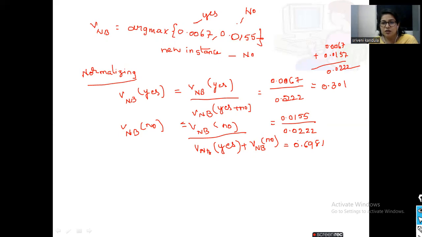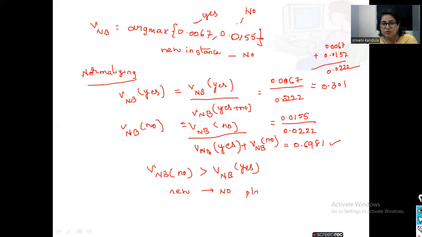Now these are the normalized values. Here you have 0.3 and here 0.7. So you can see that VNB of no is greater than VNB of S. Hence we can classify the new instance as no. The target value assigned for the new instance is no.